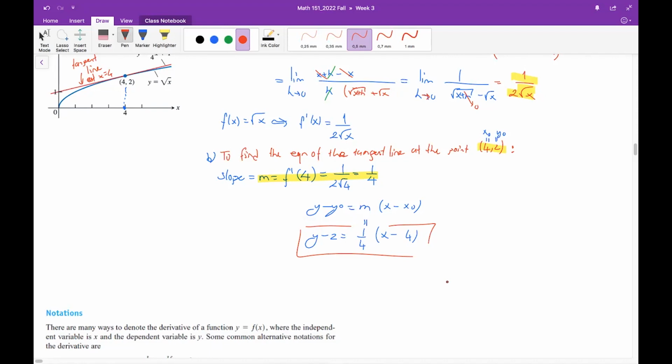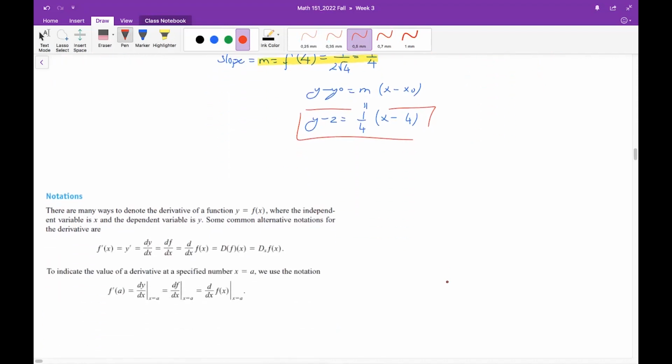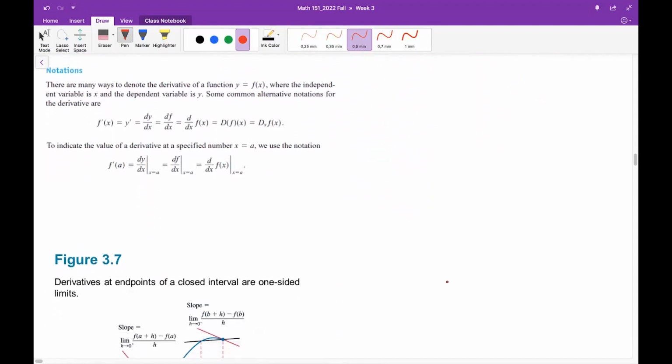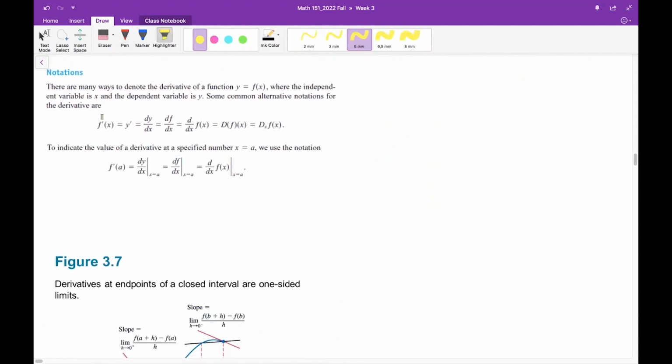Okay, after covering this example, let me move on with the notations for the first derivative. We already use this notation for the first derivative, and there are also other notations denoting the first derivative function. You can use y prime, or you can use dy over dx, df over dx, or like this. These are also notations, but they are not that common to use. We will be using most of these notations in our lectures.